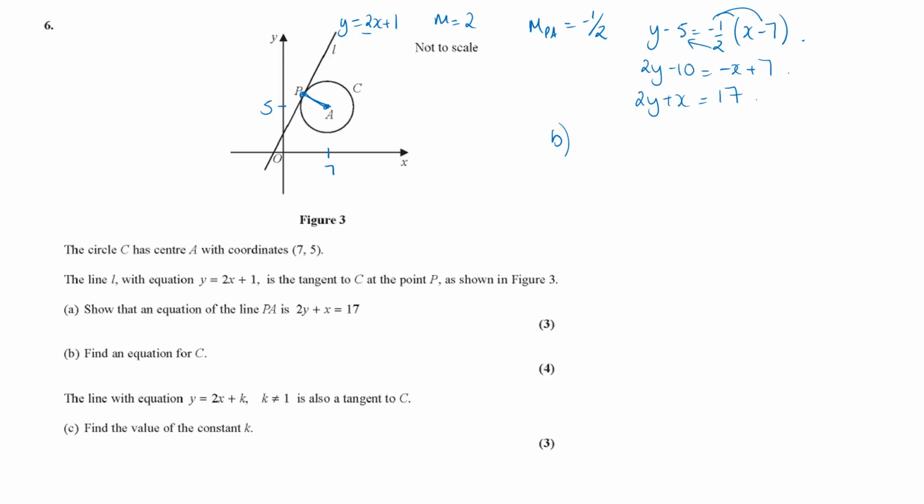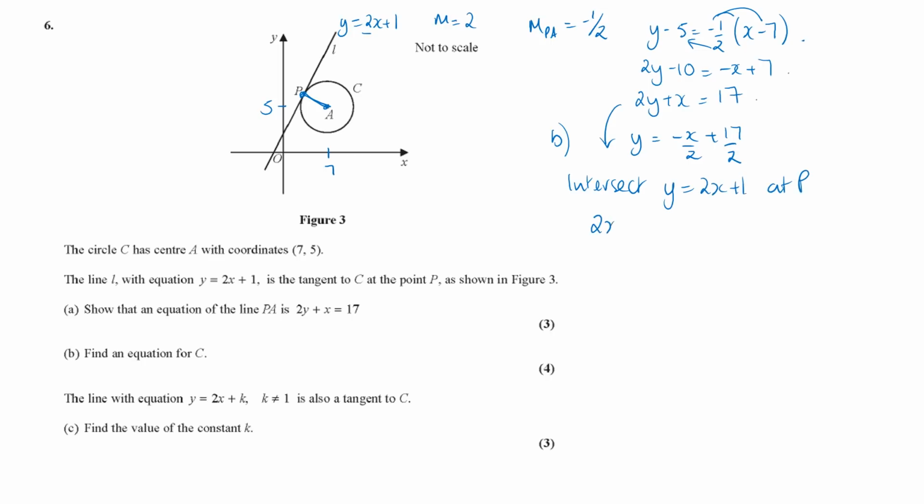Where do they meet at P? So we just rearrange this equation to get y by itself. So y will equal minus x over 2 plus 17 over 2. That's going to intersect y equals 2x plus 1 at P.